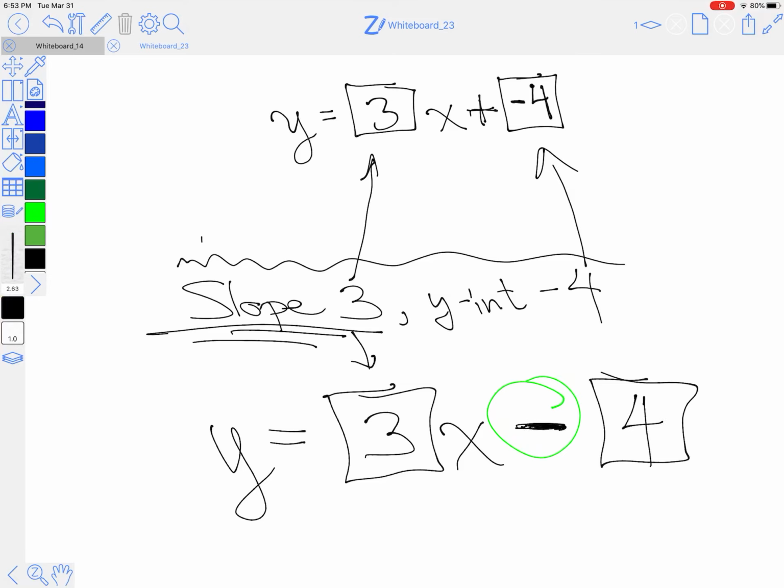You don't want to put that in there twice, because if I did add this negative sign here, then I would have minus and negative, which really means plus. So don't double up on that negative sign. Pay attention to how they ask you the question. That might be a little trick that they throw in there to get you to get one wrong. So pay attention to that.